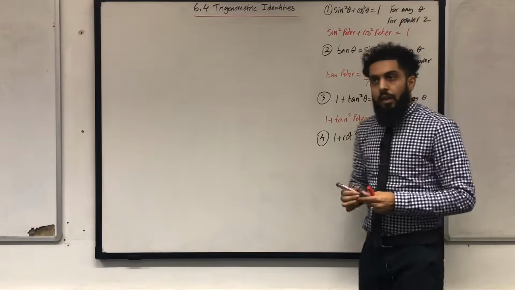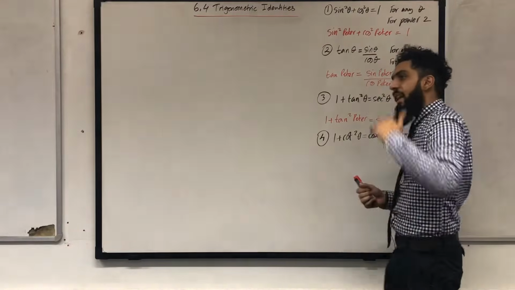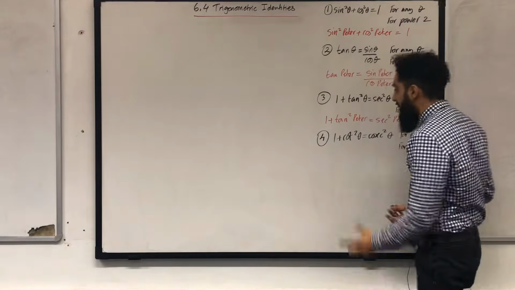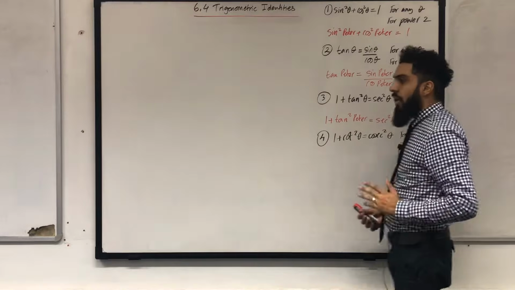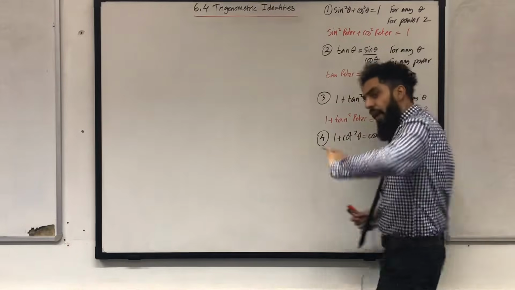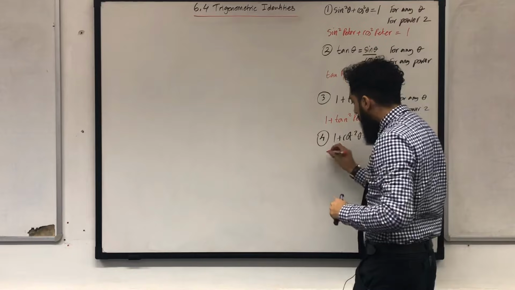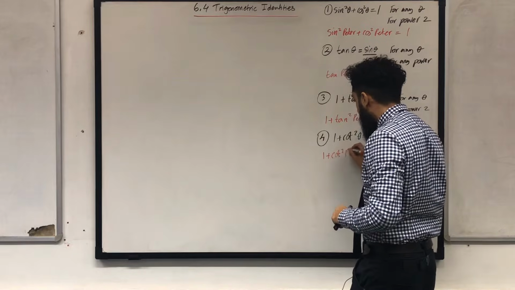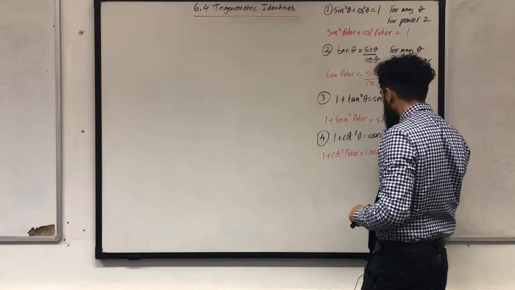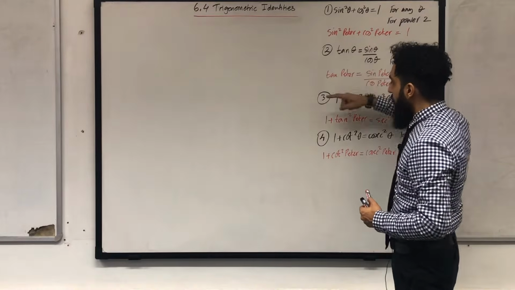So you can't have, for example, 1 plus cot to the power 10 theta equal cosec to the power 10 theta because this identity is only true for power 2. This identity is true for any theta, so like we did before, I could write down 1 plus cot squared theta is equal cosec squared theta. So these are our identities 1, 2, 3, and 4.